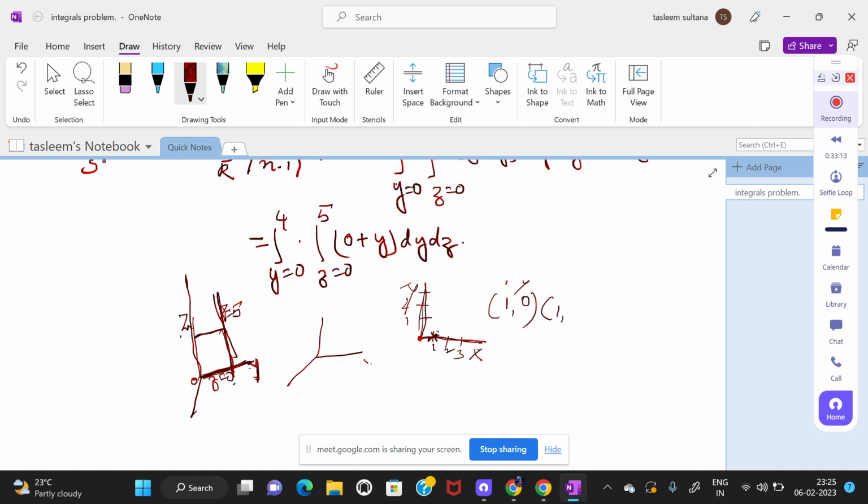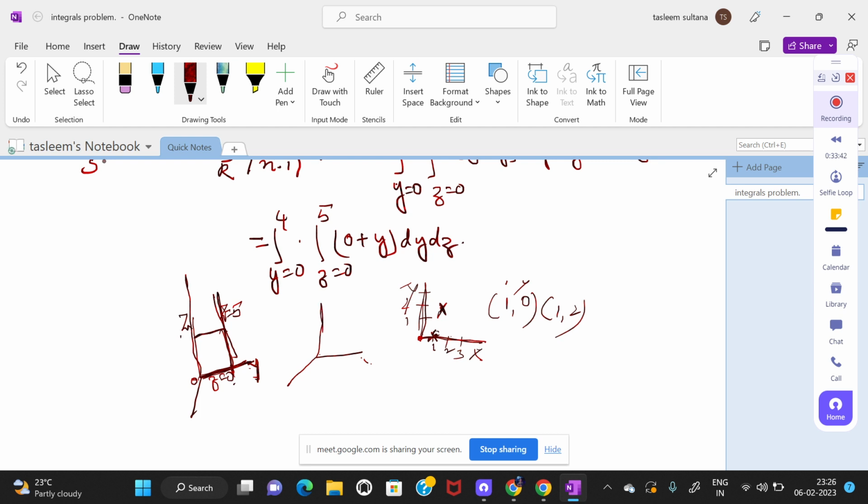The next point you have is 1 comma 2. How will you mark it? My x is equal to 1 and my y is equal to 2. So the point will come over here. Yes, ma'am. On the xy plane, that's 1 comma 2, this point it will be. In a similar way, because they have given it is in the first octant, and z is equal to 0, they are saying, and z is equal to 5.